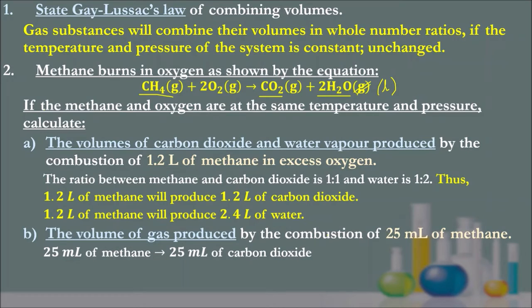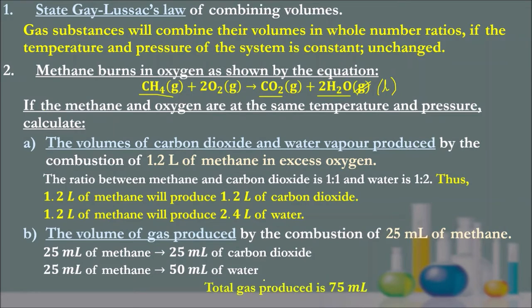Mind you, this is assuming that oxygen is in excess, so we have lots and lots of oxygen to use anyway, so we don't factor that in. And so if we have 25 milliliters of methane, we have 50 milliliters of water. And so the total gas we produce, if you add the carbon dioxide and water volumes, is 75 milliliters.